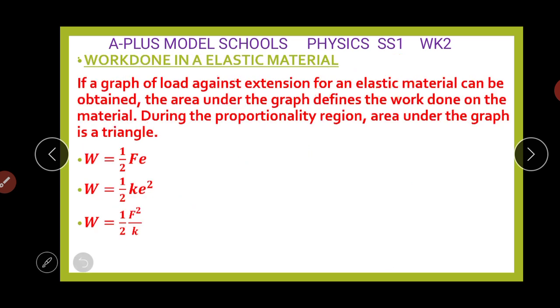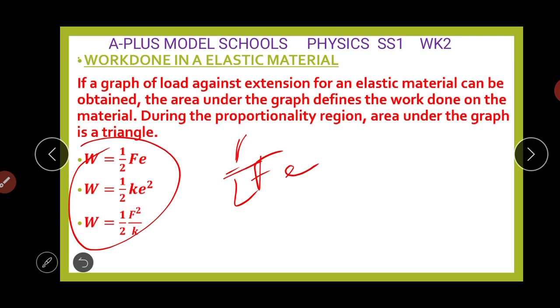So another example here. Let's look at the work done in an elastic material, under proportional limit. The work done of an elastic material is given by these three equations. W equals 1 over 2 Fe, or W equals 1 over 2 Ke squared. That's used when we are given the constant and extension.